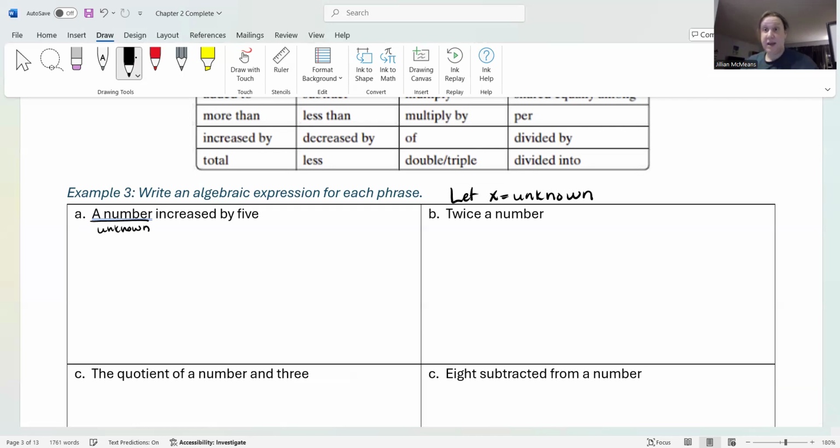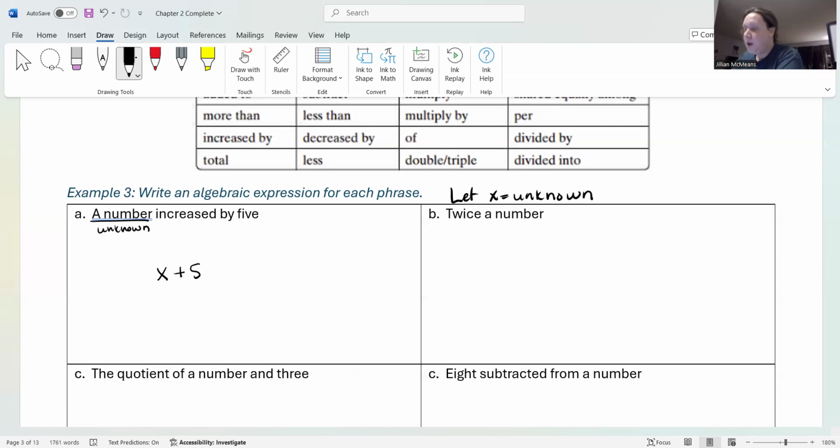All we know is we're taking this unknown number and increasing it by 5. Increase by is a phrase that would typically be used to indicate addition. So all we have to do is take our unknown number, which we've assigned x to be, and increase it by 5. In words, this is some unknown value x increased by 5.